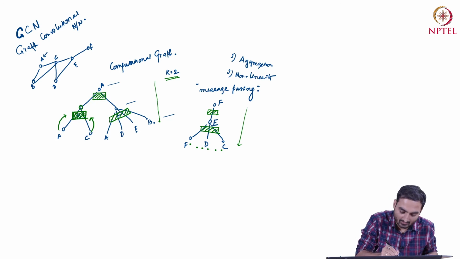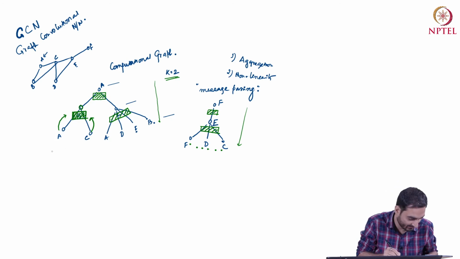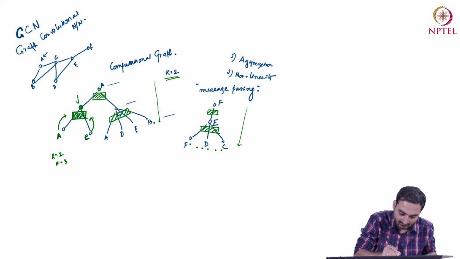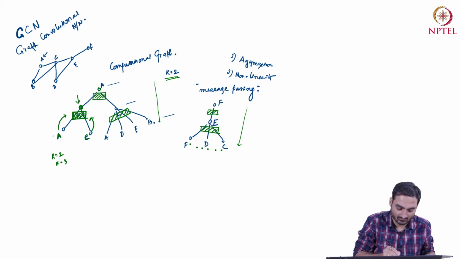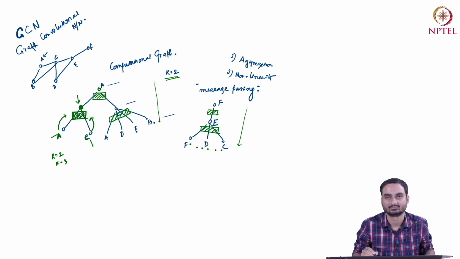So, every node has some message at a particular iteration. Let us say at k equals 2, this node has a message, this node has a message, this node also has a message, this node also has a message. So, the updated message at k equals 3 in this node would be a function of these two nodes' messages and the message that is there in this node.